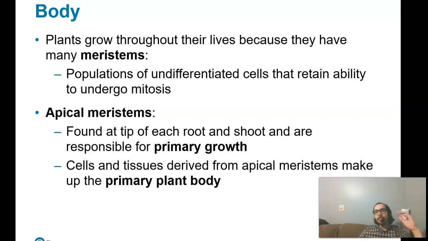Apical meristems are meristems that are found at the tip of either the root or the shoot. And those are the ones responsible for primary growth. So again, primary growth meaning lengthening the plant. The cells and tissues that are derived from the apical meristems make up the primary plant body.